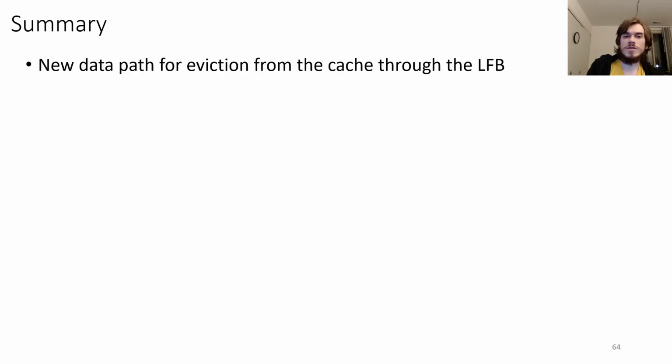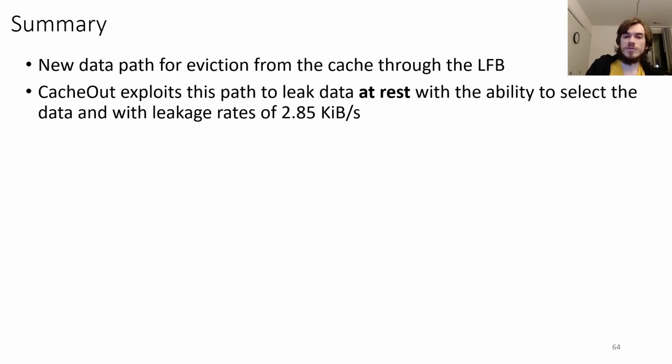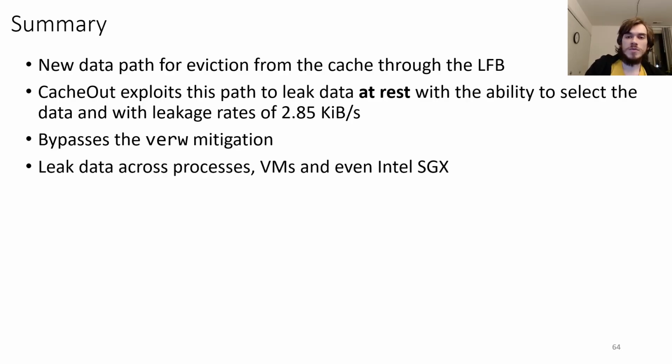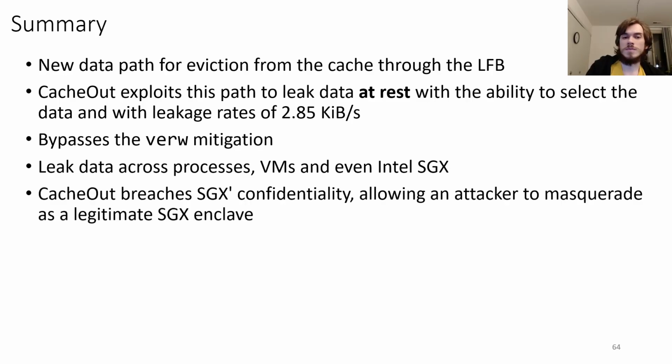To summarize, what we found is a new data path for eviction from the cache that goes through the line fill buffer. We've exploited this path in CacheOut to leak data at rest with the ability to select data and with leakage rates of 2.85 kilobytes per second. We also show that we can bypass the VERW mitigation, and we can use this to leak data across processes, VMs, and even Intel SGX.